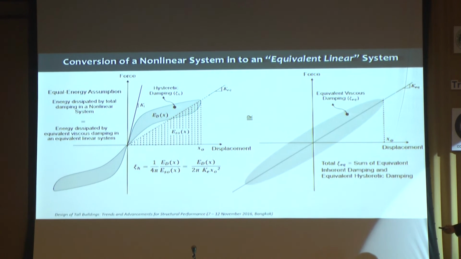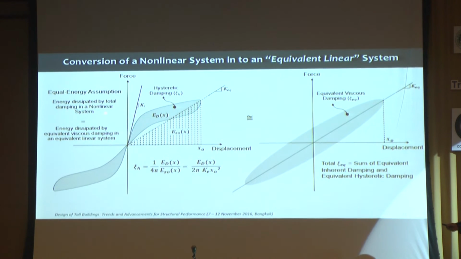And about damping, we have a classical approach called the equal energy assumption. People have tried more accurate and more detailed procedures also, but this idea dates back to 1930: why don't we just equate the energy dissipated by a nonlinear system with the energy dissipated by a linear elastic system. So we just equate the area enclosed by the nonlinear force-deformation behavior with the area enclosed by this equivalent linear line.